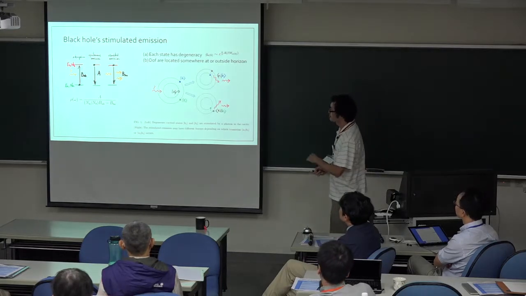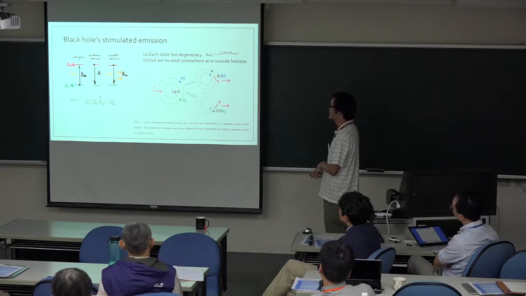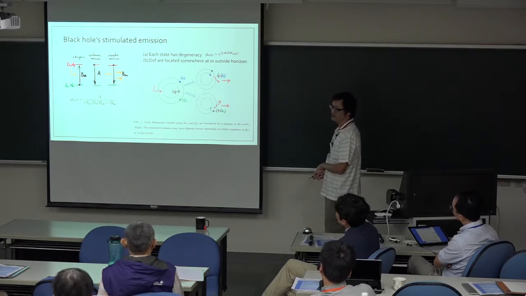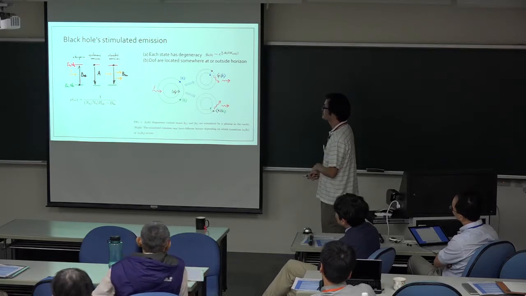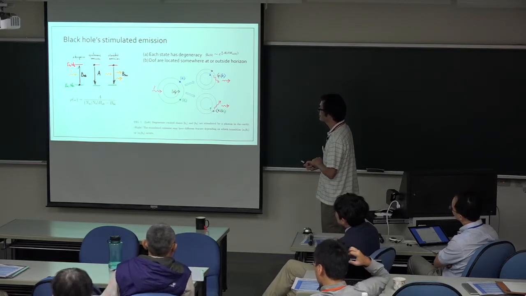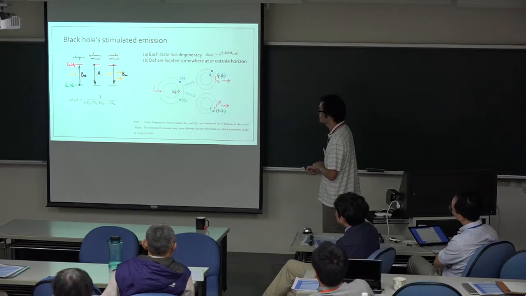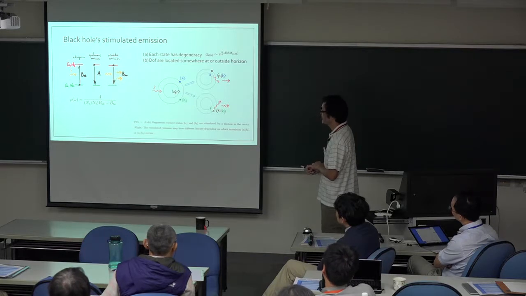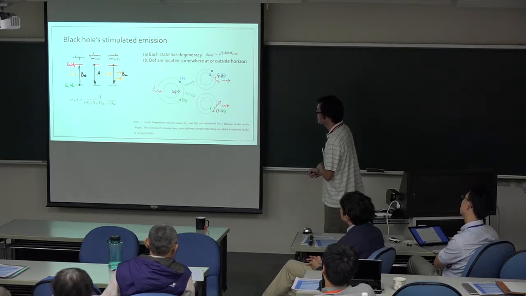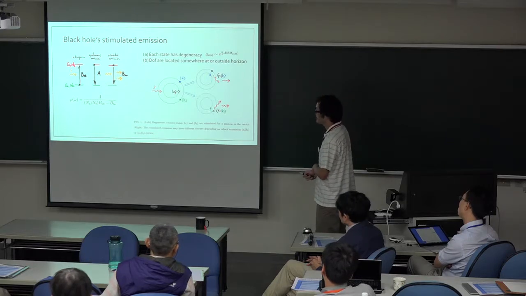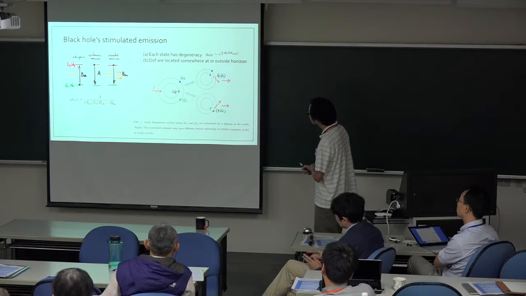So here is the story. We all remember from the textbook the Einstein AB coefficients, describing spontaneous emission and stimulated emission. I don't need to explain this again. You can compute the radiation rate, which is given by the A and B coefficients and the density of states.